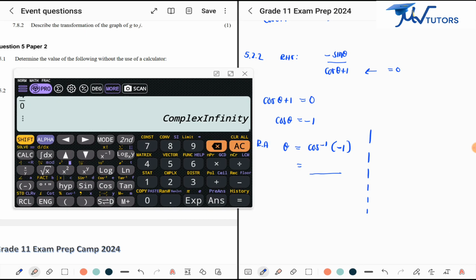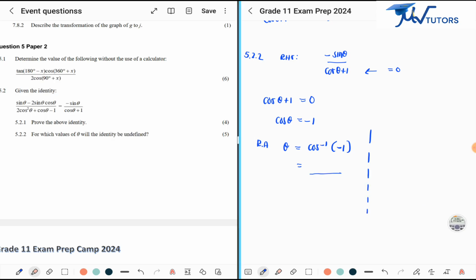It means for a general solution, you will always consider the quadrants where cos is positive, which is quadrant 1 and quadrant 4.